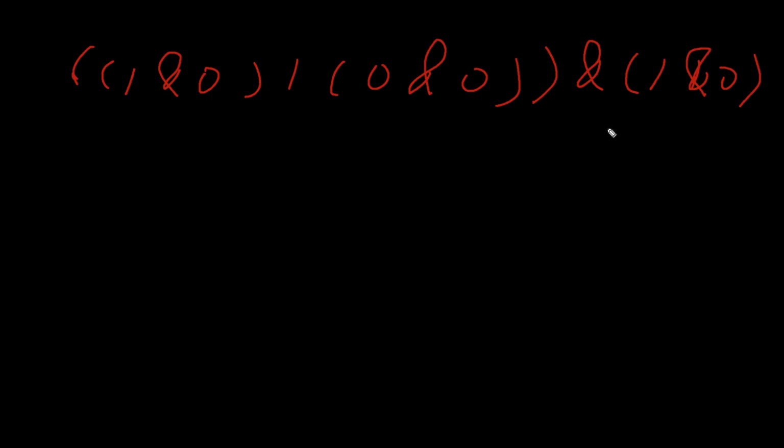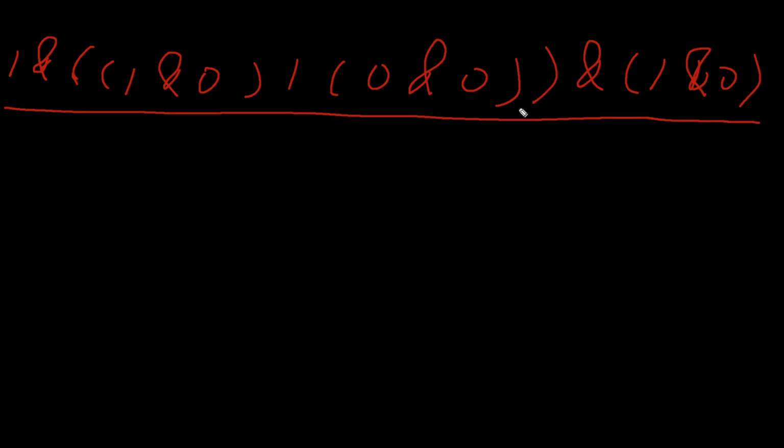Let's say there's another 1 and at the beginning. If this is the original expression, as you can see, we have 3 parts here: this one, this one, and this one.